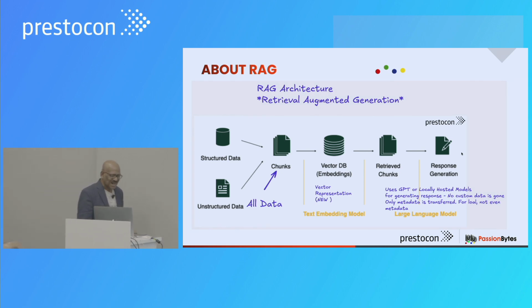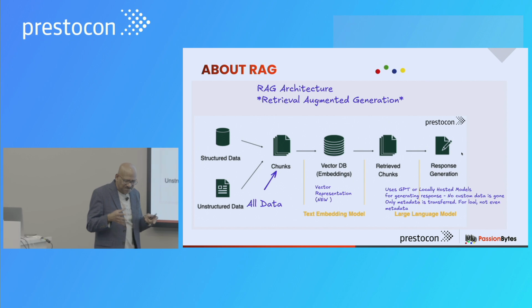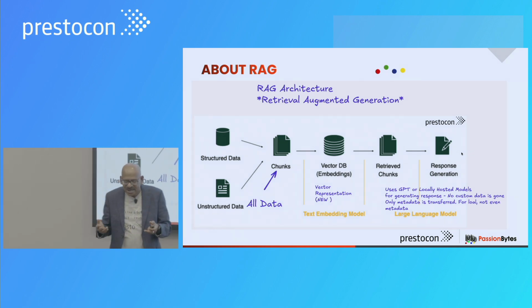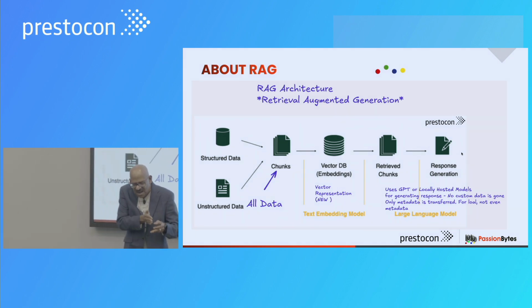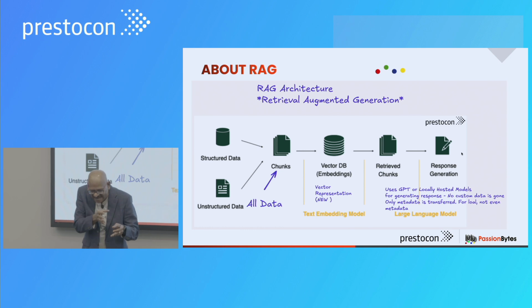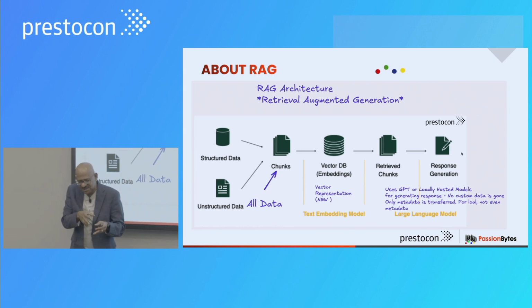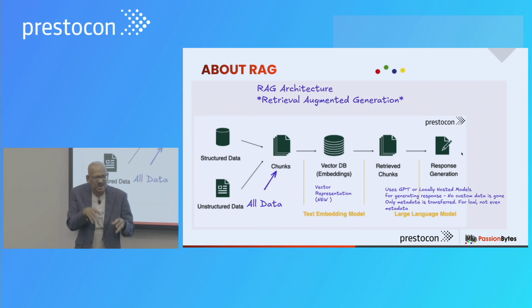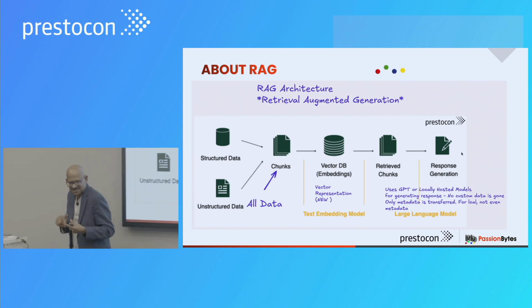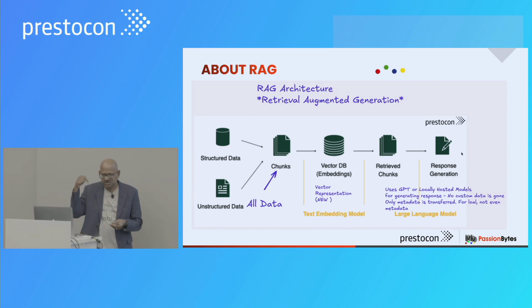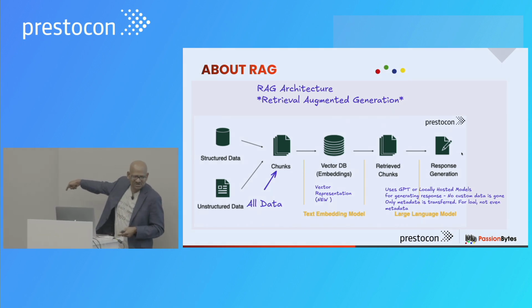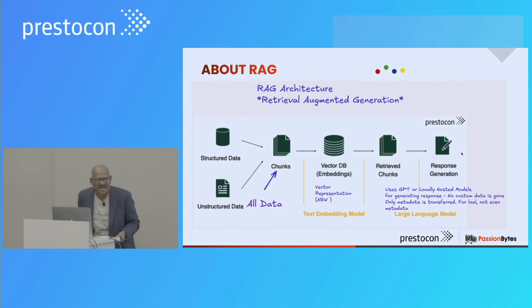Why? Now, if you ask GPT a question, it is going to give you an answer using the data that is available to it, up until when that particular model was created, correct? For example, if I ask about today's data, or if I ask about my organization's data, if I ask a question to ChatGPT or any of the transformer networks, I'm not going to get the answer.